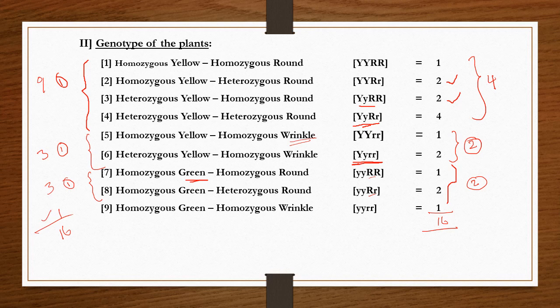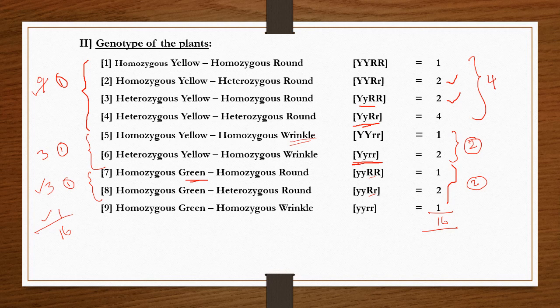One is green wrinkle, the second phenotype is green round, the third is yellow wrinkle, and the fourth is yellow round. Total 4 phenotypes with a total of 9 genotypes.